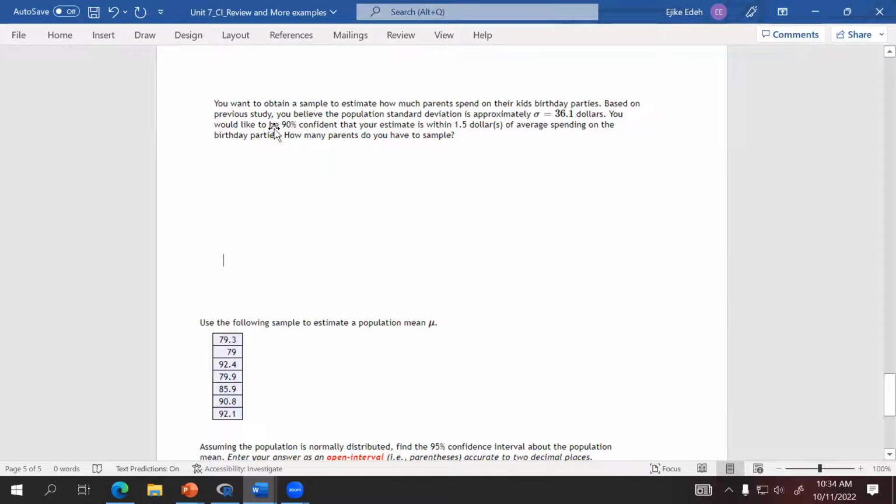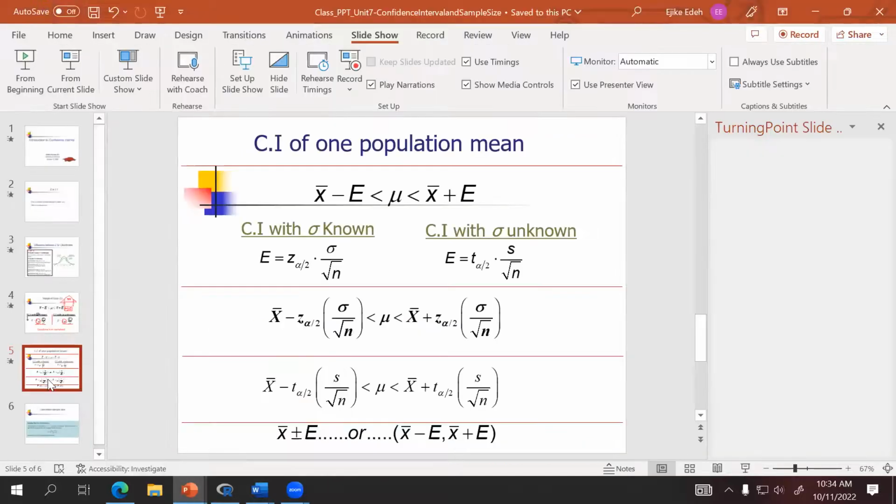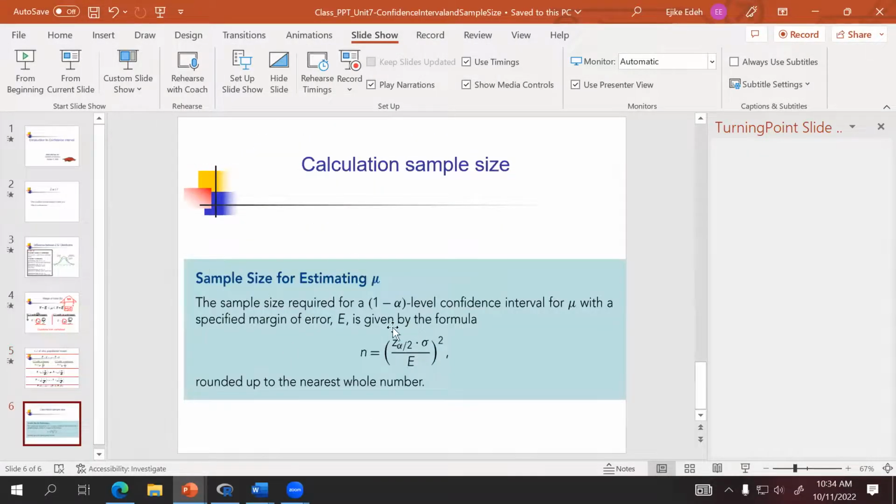You would like to be 90% confident that your estimate is within $1.5 on average of what was spent, right? Lastly, on the PowerPoint, that's the only slide left, is this formula here. This is the formula for estimating your sample size when you know the margin of error.